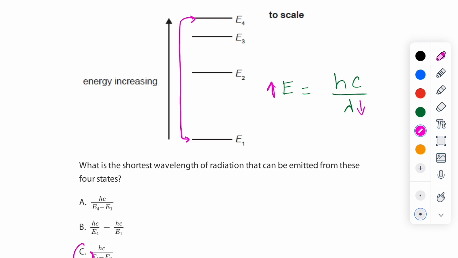Yes. Option A has the maximum difference, E4 and E1, whereas E4 and E3 is the smallest one. So lambda can be low if there is a maximum energy change. If the difference is high, then lambda will be low.